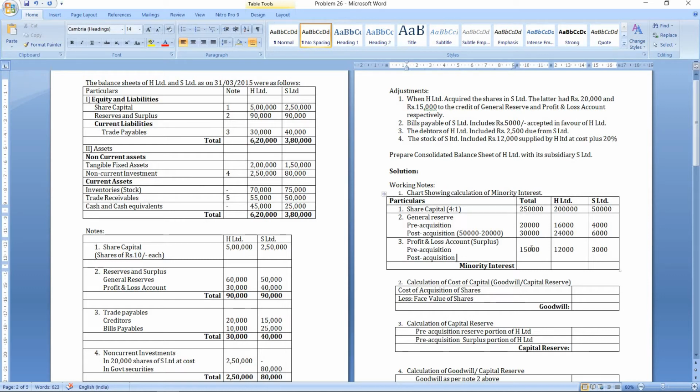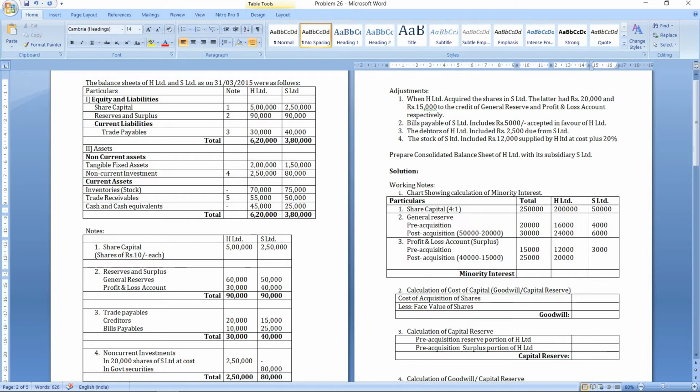Out of that, 15,000 is pre-acquisition profit, so the remaining is post-acquisition profit. 40,000 minus 15,000 is 25,000. We divide this 25,000 between the holding company and the remaining shareholders. 25,000 into 4 divided by 5 is 20,000, and for the remaining shareholders, 25,000 into 1 divided by 5 is 5,000.